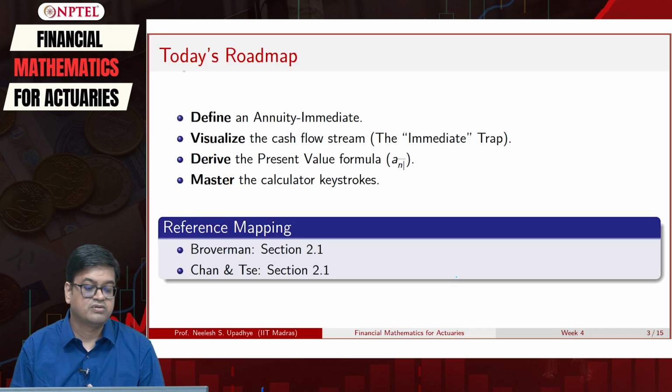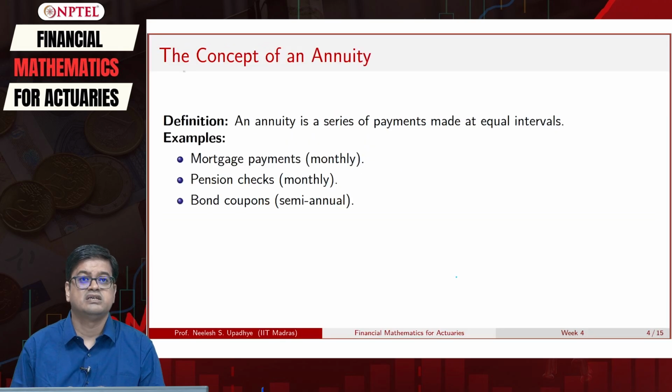Okay, so now let us come to the concept of annuity. What exactly is an annuity? An annuity is nothing but a series of payments that are made at equal intervals. For example, mortgage payments which are based on monthly intervals, pension checks that a pensioner will receive, those are based on monthly intervals.